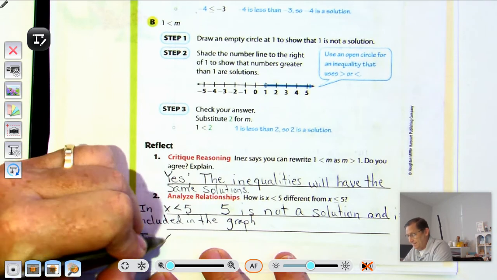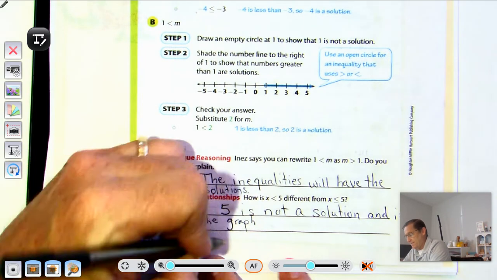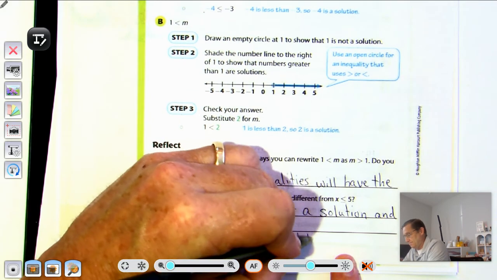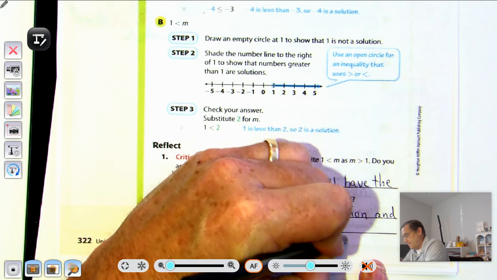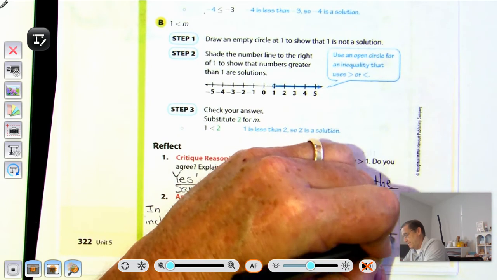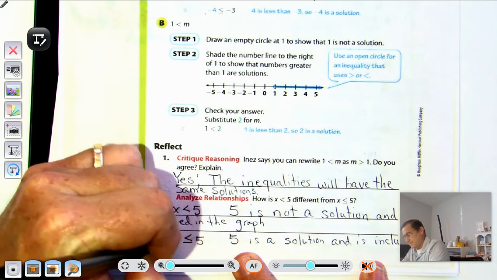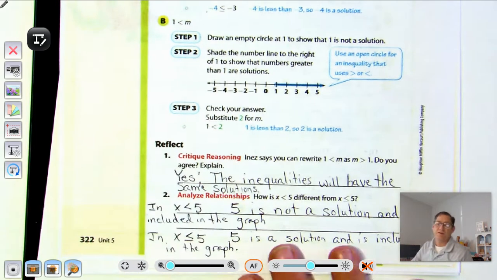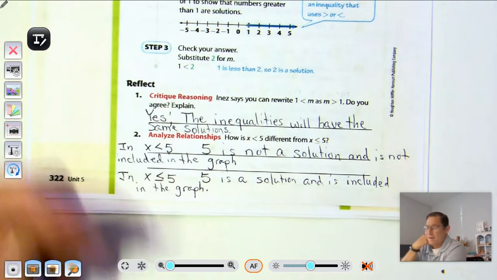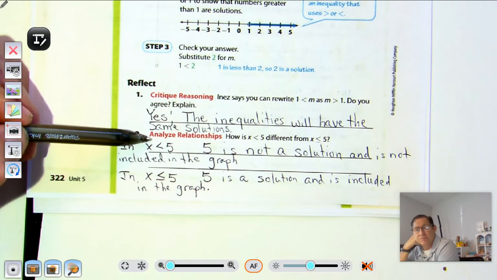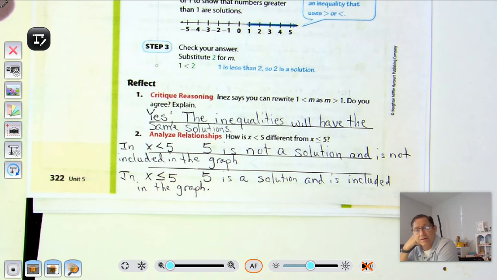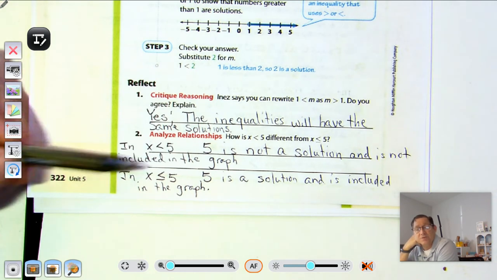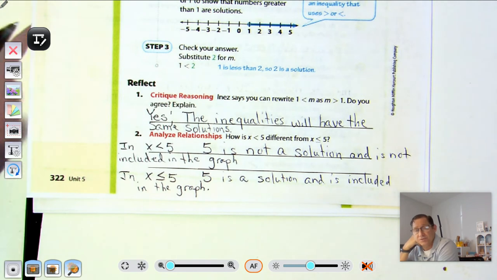In x is less than or equal to 5, 5 is a solution and is included in the graph. Okay, so when I say not included in the graph, that means it would be an open circle on the graph. In x is less than or equal to 5, it would be a solid circle because 5 is a solution.